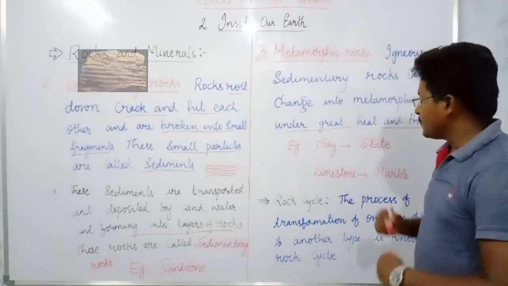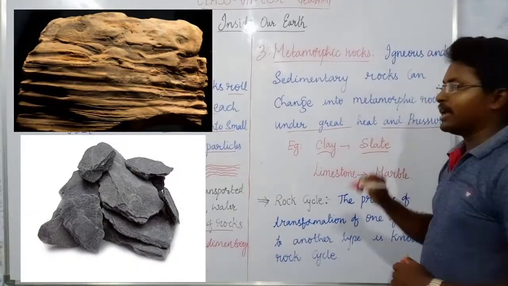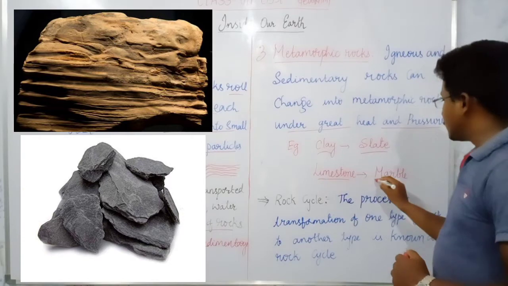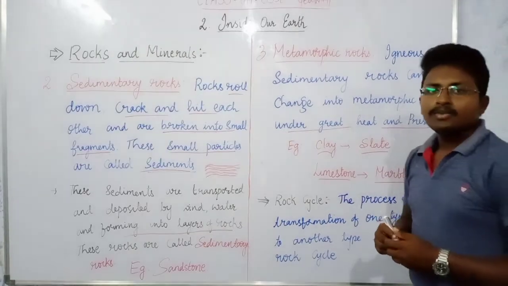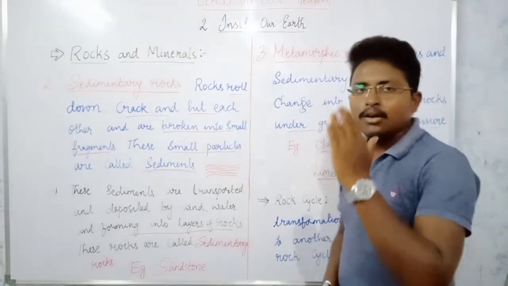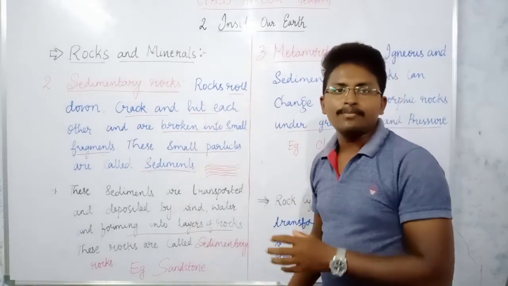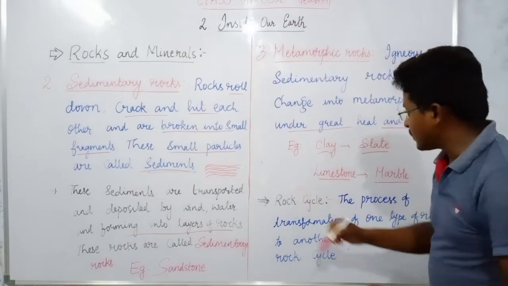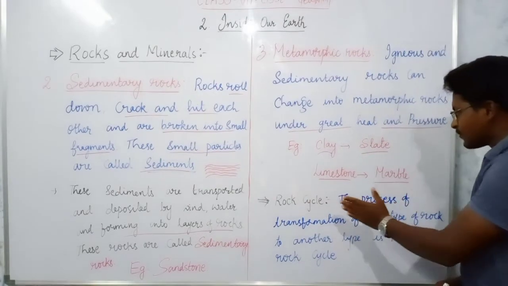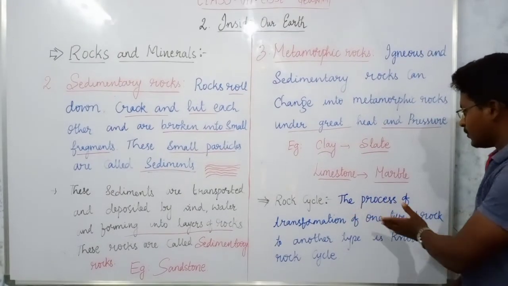For example, clay changing into slate, and limestone changing into marble. This process of changing one type of rock into another type over a period of time, we call the rock cycle. That is the process of transformation of one type of rock into another type.